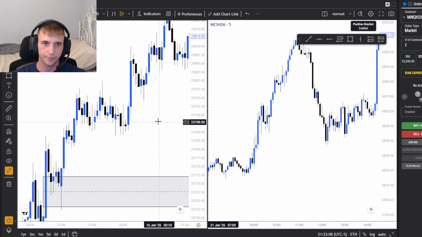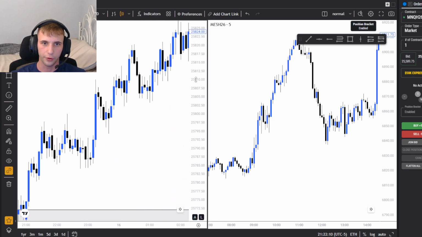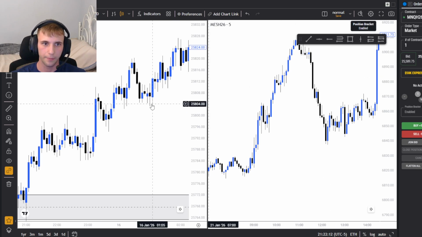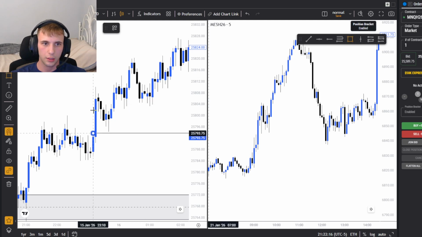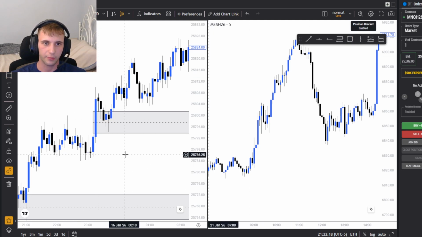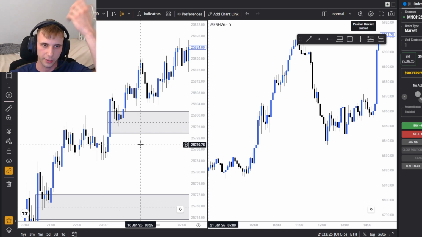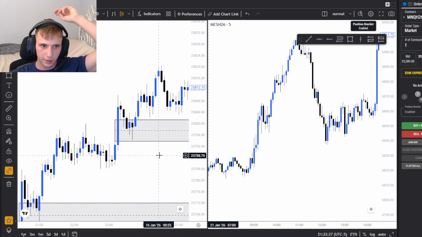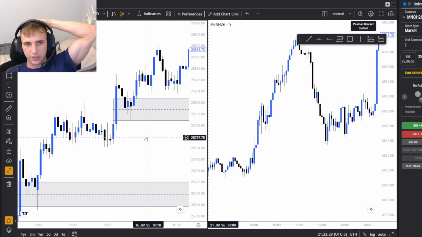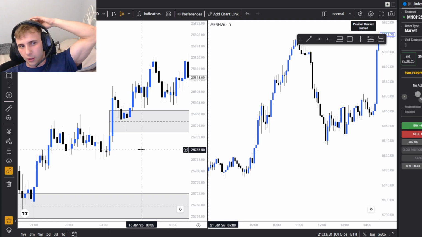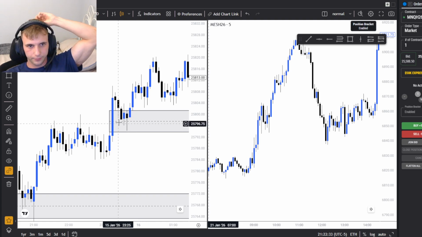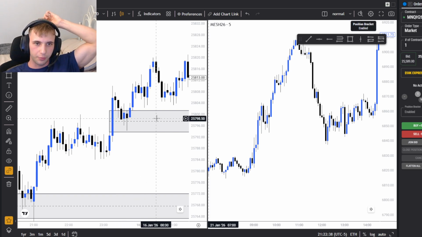Another use, and I actually like to use this for take profits, especially on higher time frame gaps, but I'll still use a 5-minute gap here to showcase it. When a gap gets retraced into, there's a good shot that it's going to come to the 50% line.